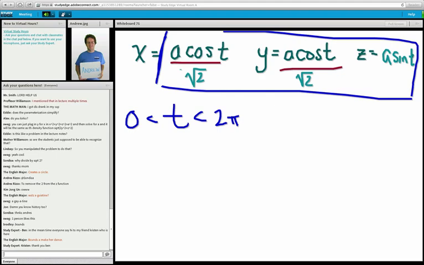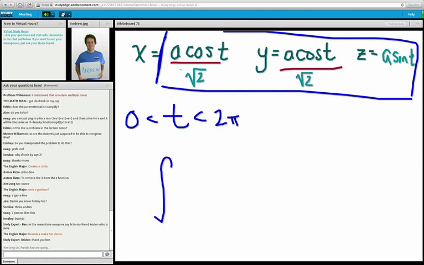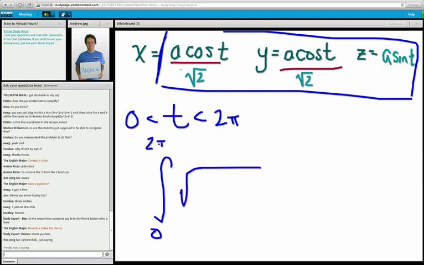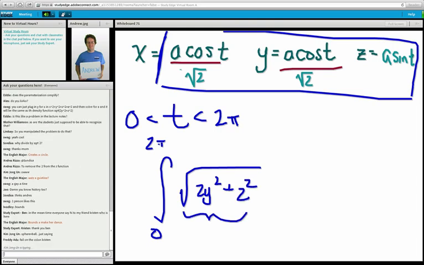Here, I'm using a different method than I've taught you before, so if you haven't seen me do this problem, this is all actually just fine. If you saw me do the spherical way before, it might look a little weird. My bounds will be 0 to 2 pi, so I trust you can plug this in. The square root of 2y squared plus z squared becomes just a.